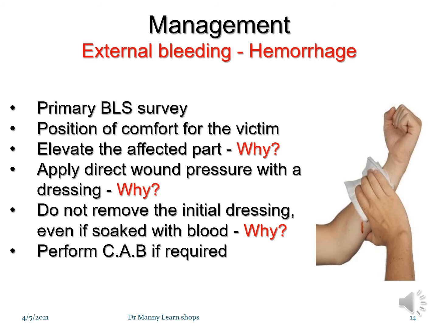Always position the patient or the victim in a position of comfort and elevate the affected part. Why? If, for example, you've got bleeding in an arm, why do you elevate it above the heart? Because this decreases the pressure, it decreases the amount of blood that will be lost.